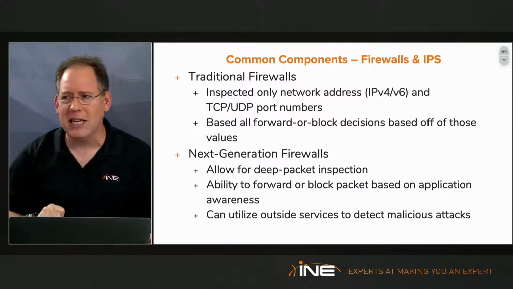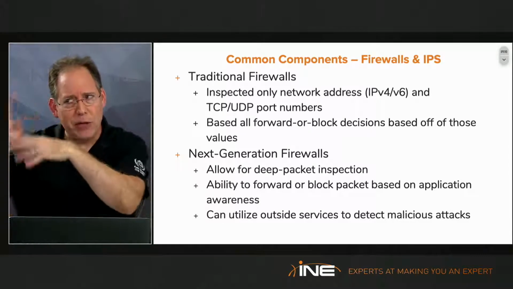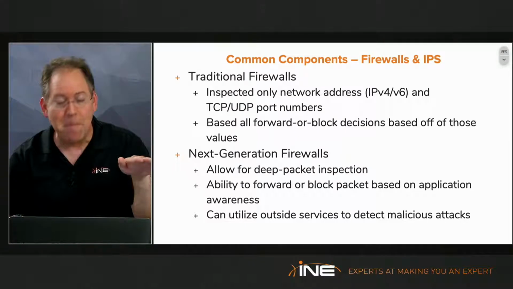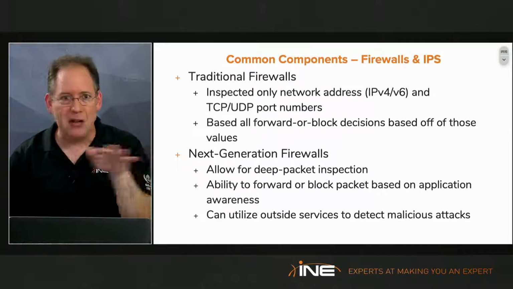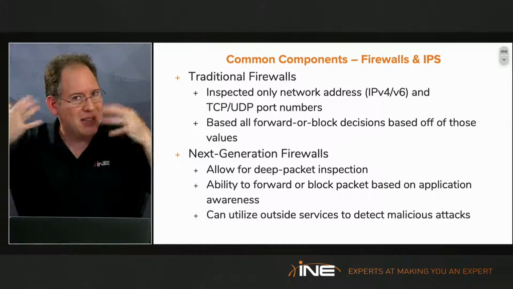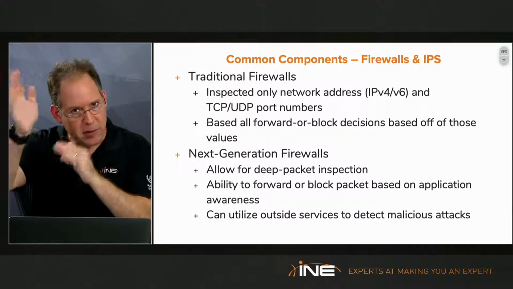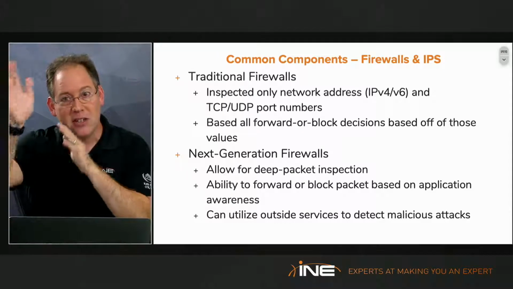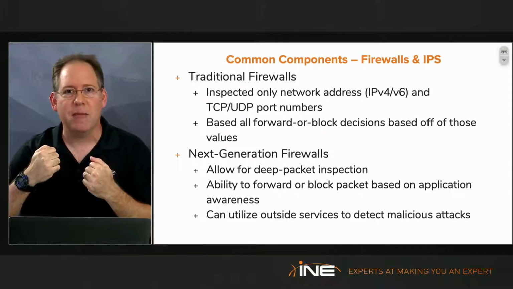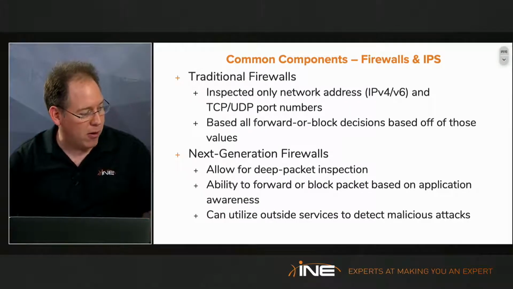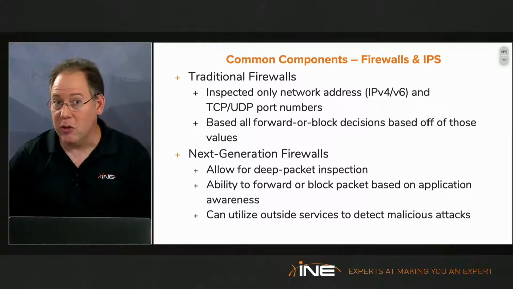Give me information about the latest network attacks out there and what they look like, so I can use that information to look at the data going through me and try to determine if there's a virus or network attack going on. And because that stuff changes all the time, the firewall is in constant communication with these network devices at Cisco, getting this updated information so it can spot this type of stuff. So a next generation firewall can utilize outside services to do that.